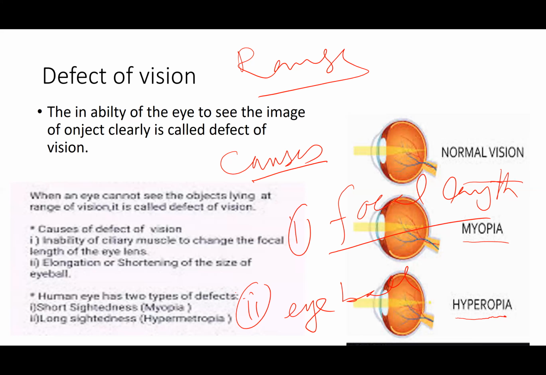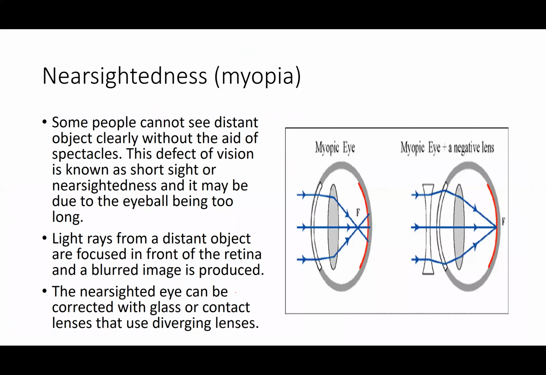The human eye has two types of defect, short-sightedness and long-sightedness. Now, short-sightedness, nearsightedness. Some people cannot see distant objects clearly without the aid of spectacles. This defect of vision is known as short-sightedness, or nearsightedness, and it may be due to the eyeball being too long.